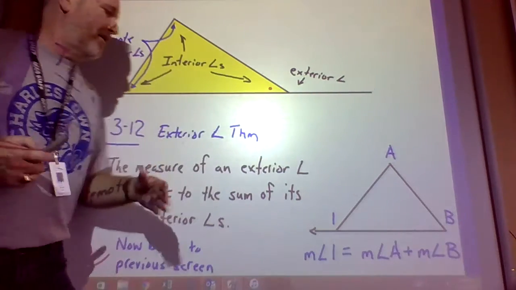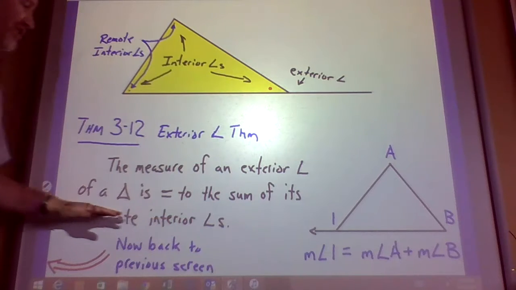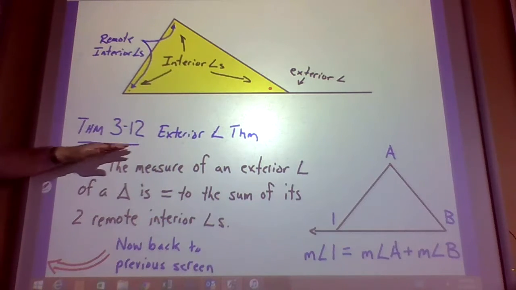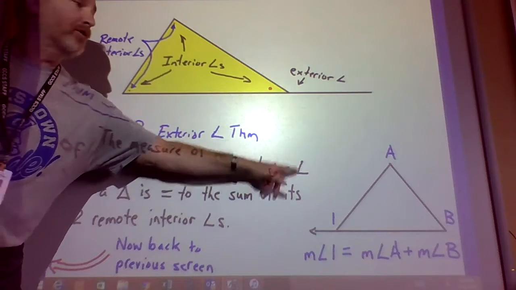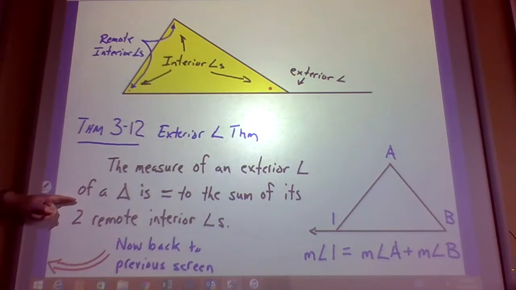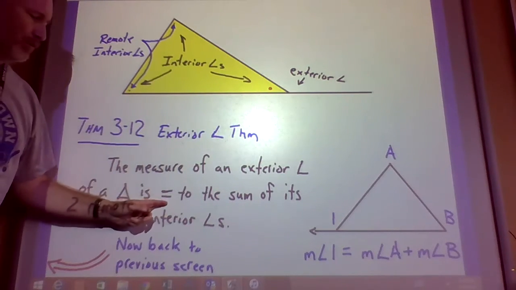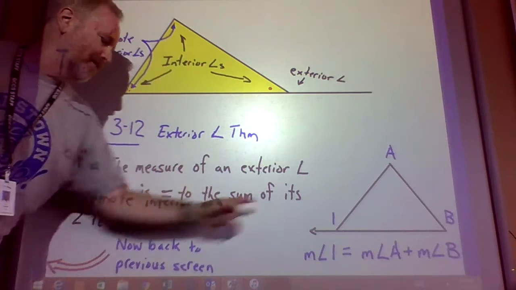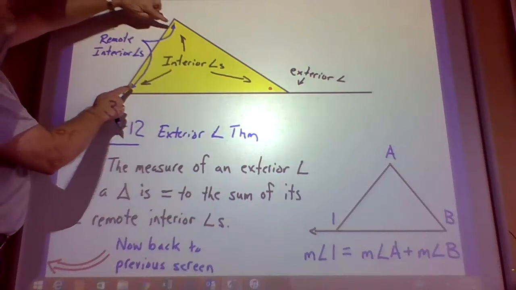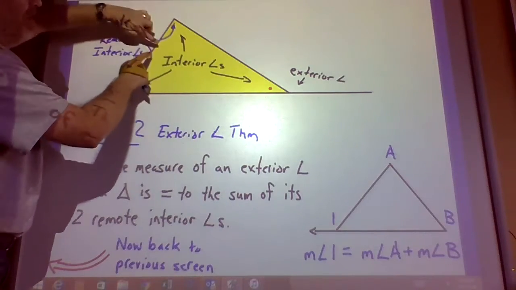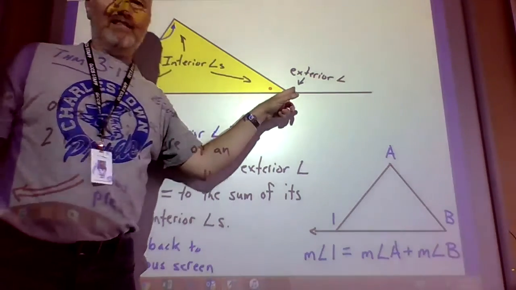And why do we care? Well, they have a cool relationship with each other. The exterior angle theorem says the measure of an exterior angle of a triangle is equal to the sum of its two remote interior angles. So these two added together will equal the exterior angle.